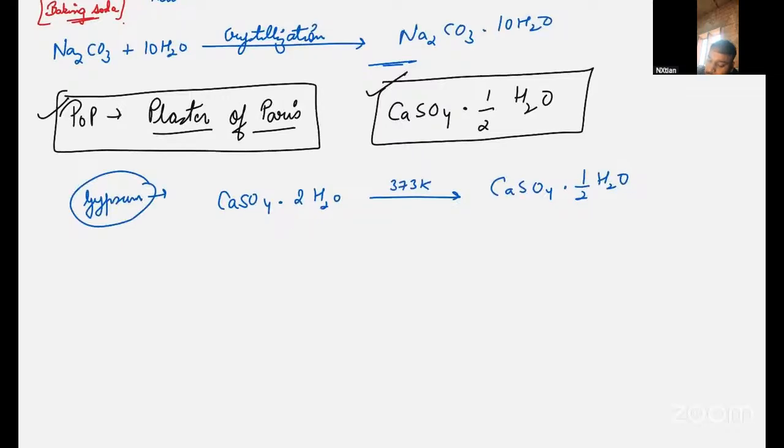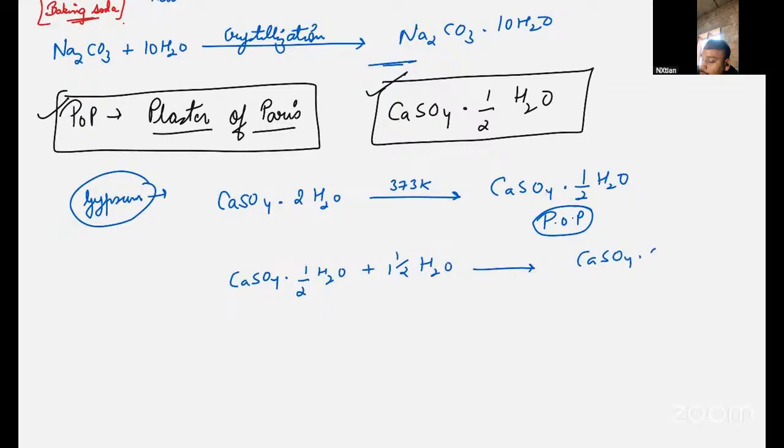This is gypsum, and this is POP, which is plaster of Paris. And if you take POP, CaSO4 dot half H2O plus 1.5 H2O, it will give us CaSO4 dot 2H2O. Then it again becomes gypsum.